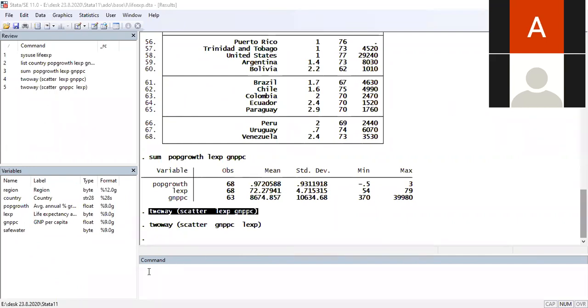Suppose you have GNP per capita and you want to generate a log of that. How do you do that? Let's say you want to find a log of GNP per capita. What is the command? The command is gen, from generate. You can write gen.